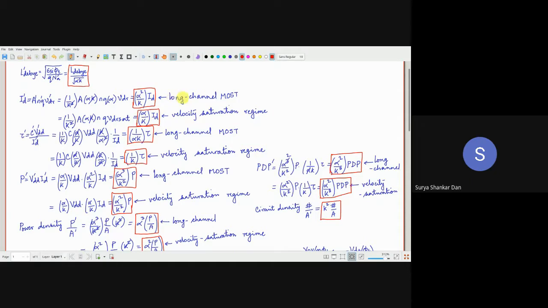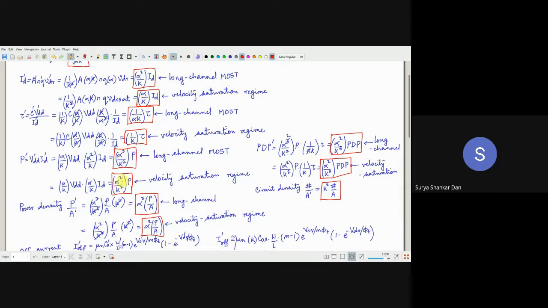I shouldn't say long channel, because 180 nanometer itself is also short channel, submicron. But velocity saturation is a different ball game altogether when it is in the order of 10 nanometers. In the 10 nanometer regime, velocity saturation takes on a nanoscale form.